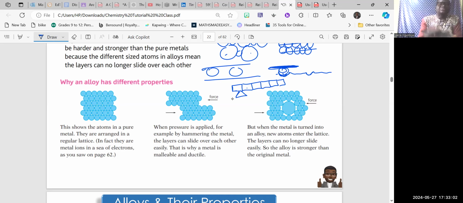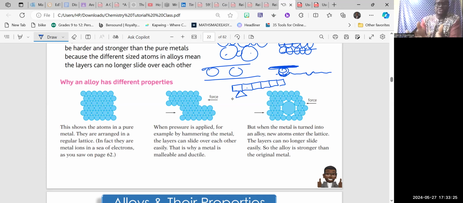When there is pressure on the metal, the upper layer slides over the lower layer easily, right? That's why metals are malleable and ductile. But when it comes to alloy, you can just see the shape. That big one is making it difficult for the upper layer to slide over the lower layer. So that means it becomes stronger than the original, pure metal, right?